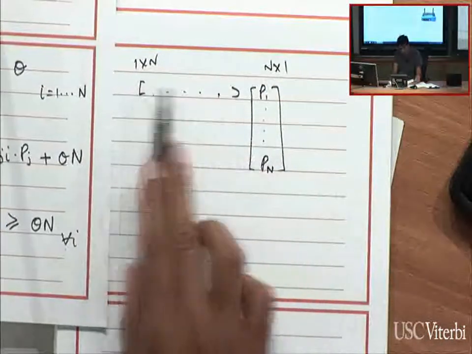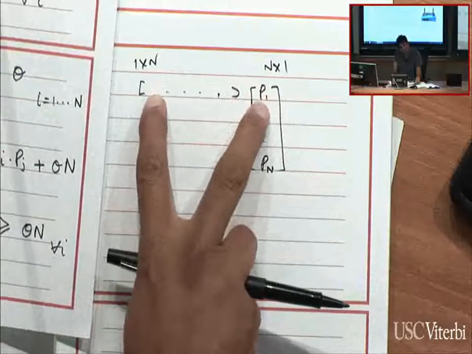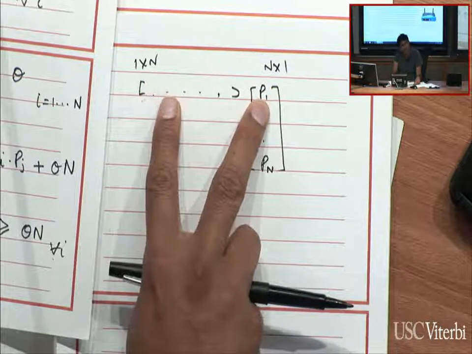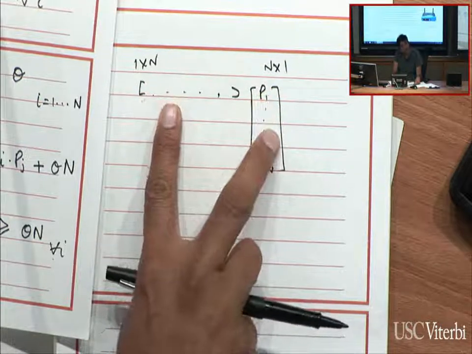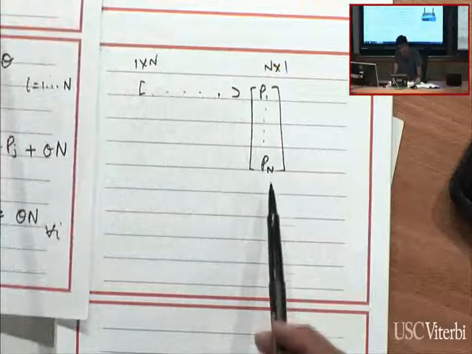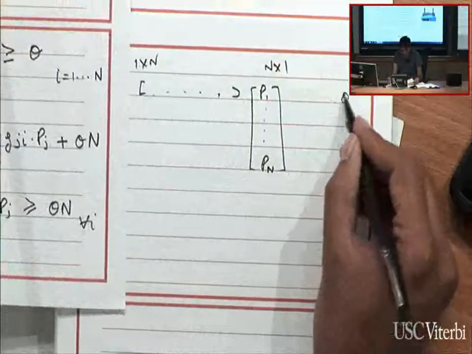That number has n terms in it. It's the first term of this multiplied by the first term of this vector, plus the second term of this multiplied by the second term of this vector, and so on. So we're going to write it in vector notation, and we see the left-hand side as the product of these two vectors. The right-hand side in this case is simply the number theta n.